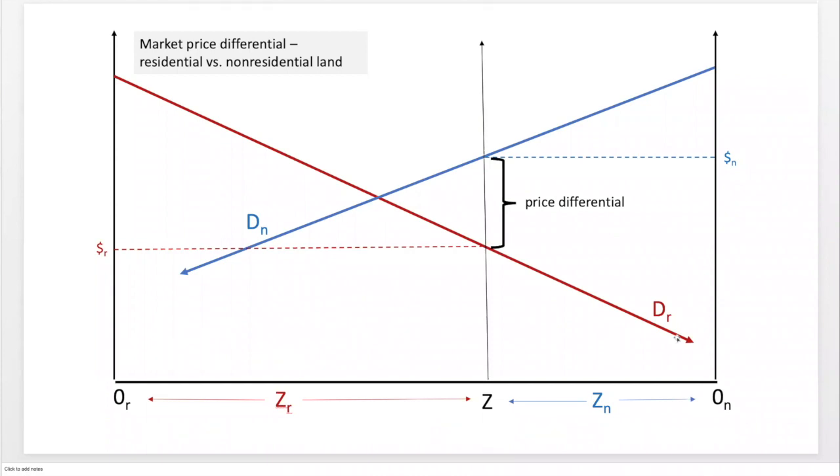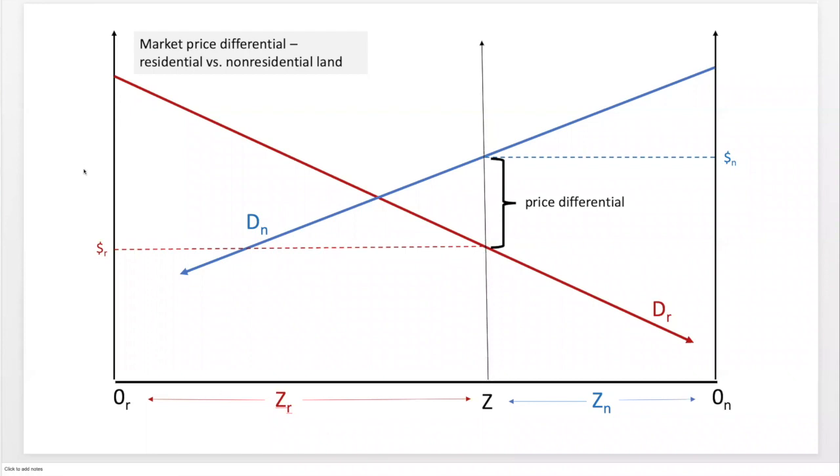But when markets are well behaved, when markets are not failing, then these market demand curves coincide with marginal benefit. Now, one thing to keep in mind is that a demand curve typically starts with price and then tells you the corresponding quantity.